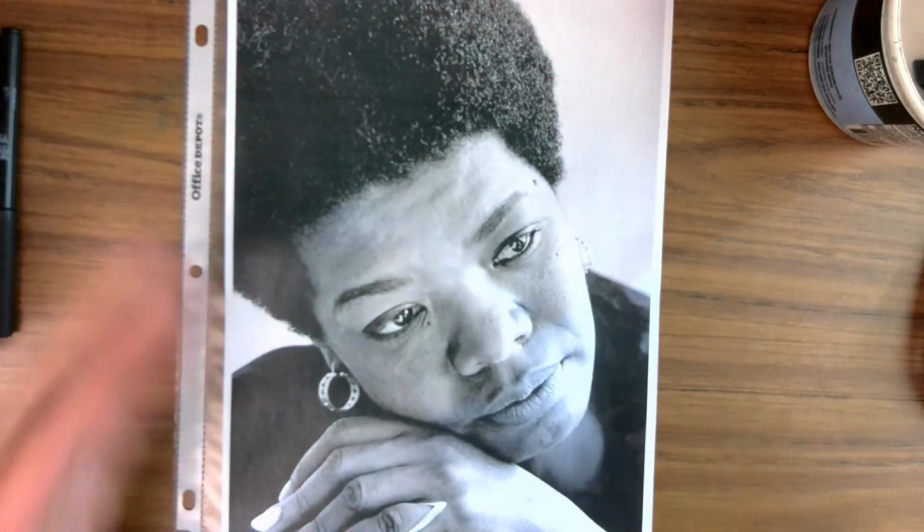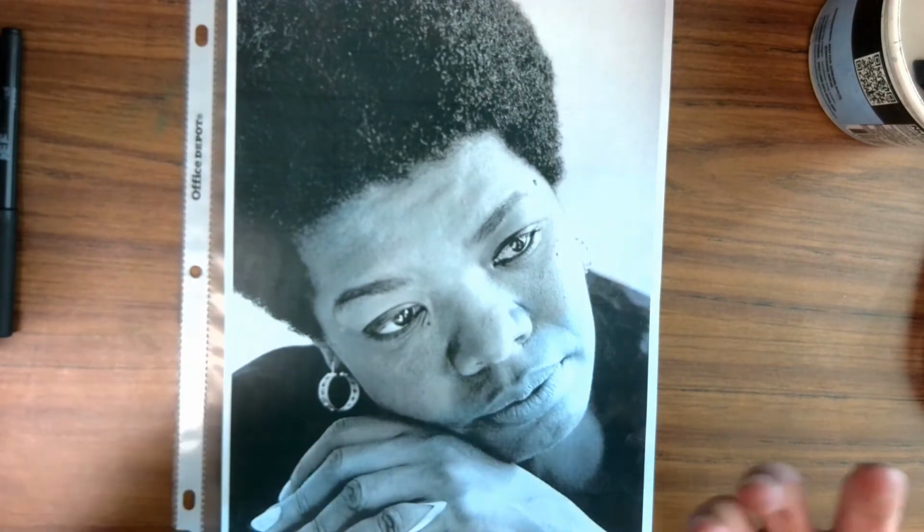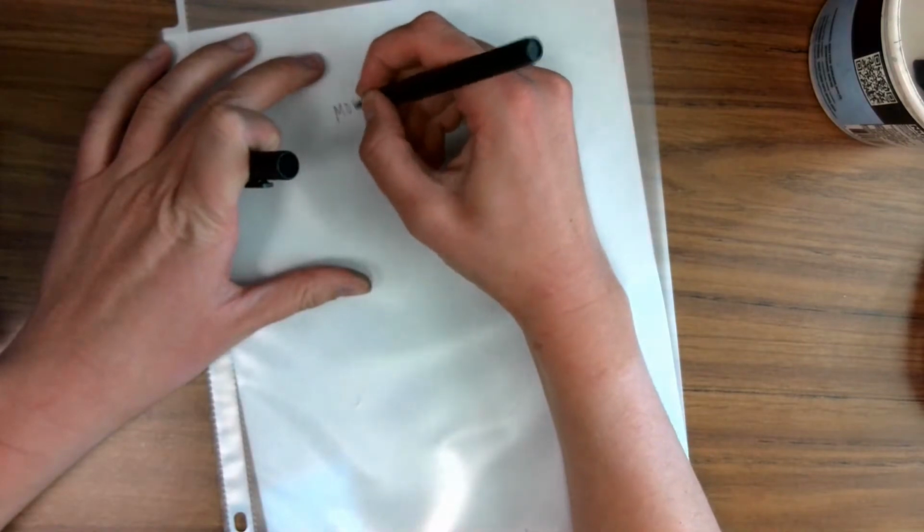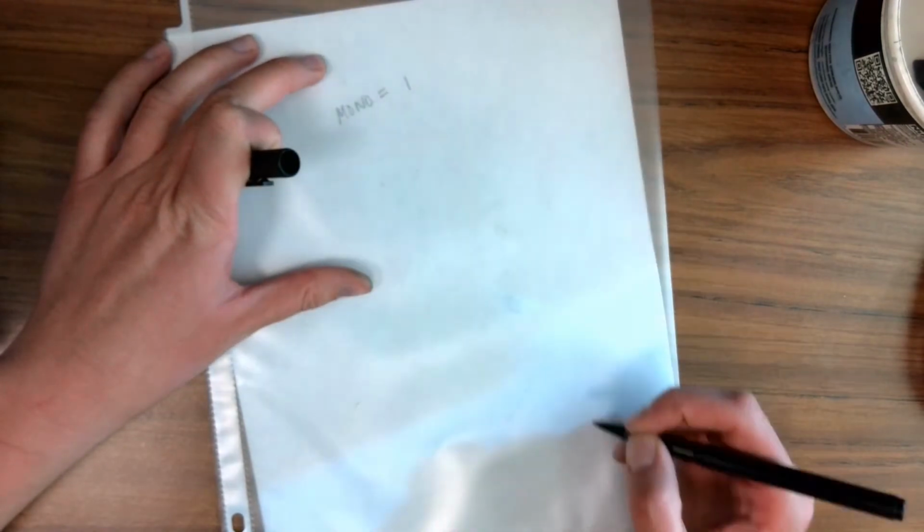I'm going to draw or trace this, and it's going to create what's called a monoprint. So I'll just write this down. Mono equals 1, and then print is just a print.